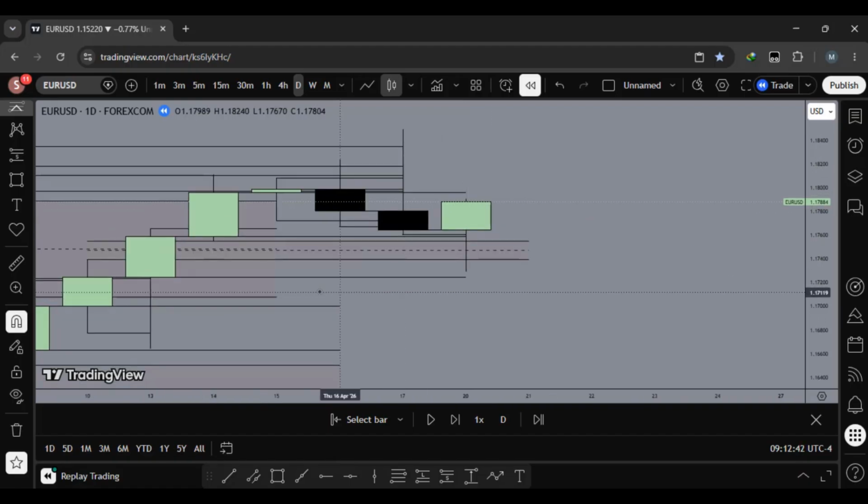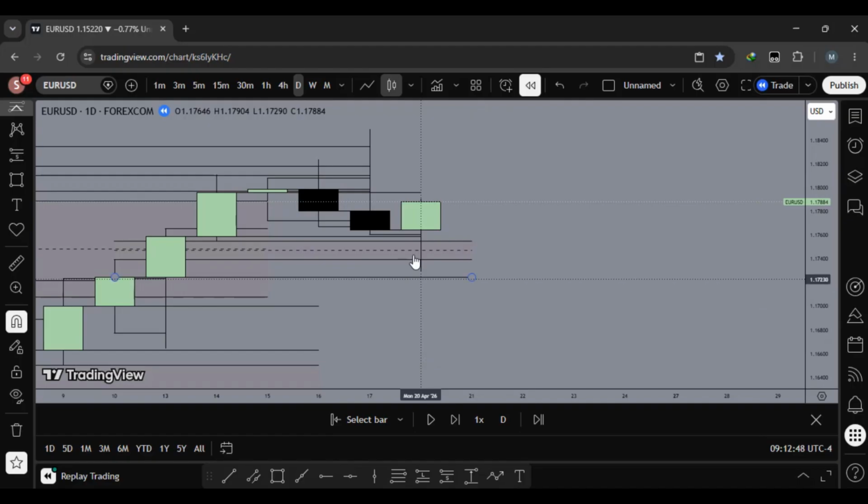Is there any other zone? The Malaysian SNR here was a miss. Now price rejected this fair value gap, showing a respect to it. So based on our closing price, we would have bought from here because we marked this key level. We would have bought and then taken our target at this key level.